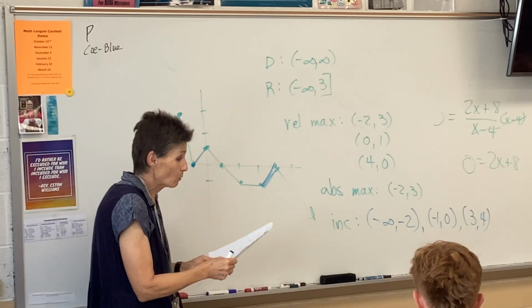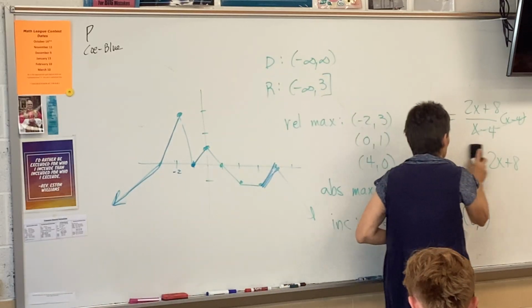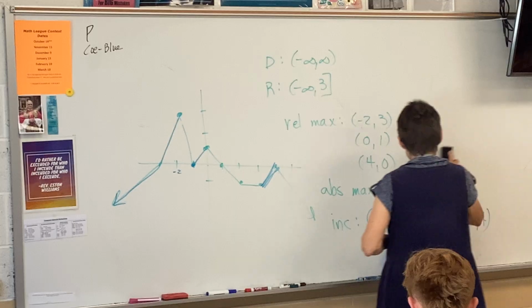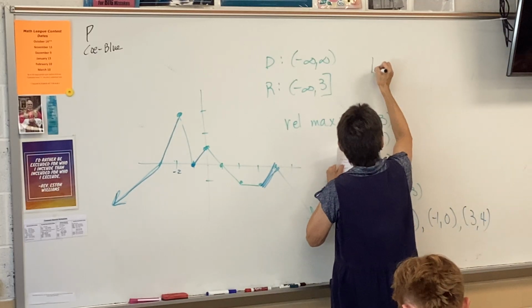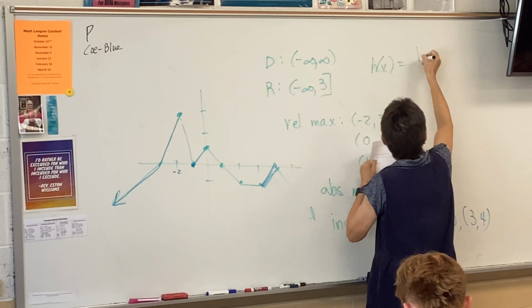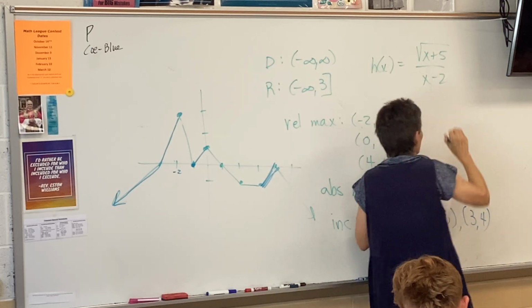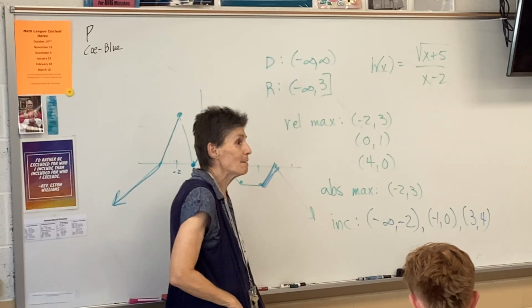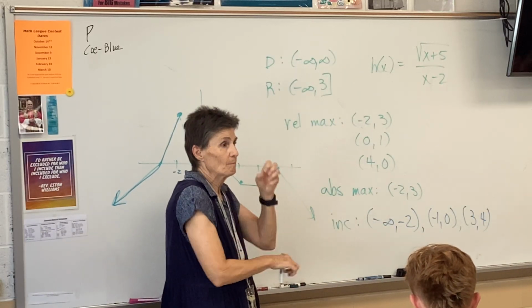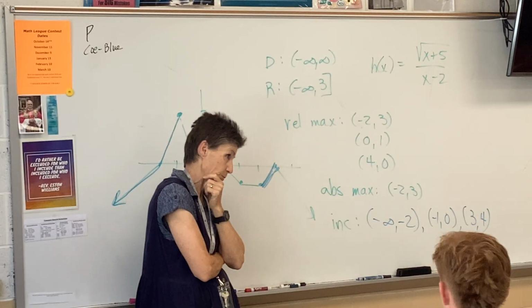All right, backside. What is the domain of this function? Now, you don't have a picture, so you're going to have to look at the equation. What are the red flags or the limiting things in your equation when we talk about domain? What do we have to pay attention to?